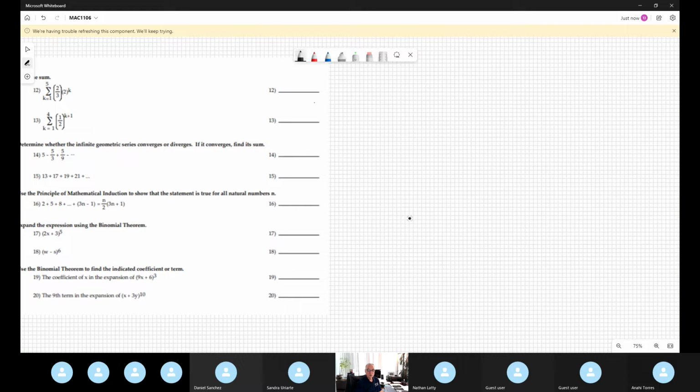So I need to prove, using the method of mathematical induction, that 2 plus 5 plus 8 plus ... plus 3n minus 1, which I suppose is the sub n, is equal to n over 2 multiplied by 3n plus 1.